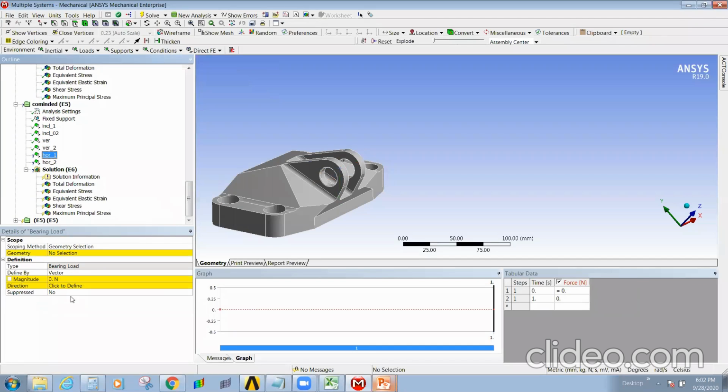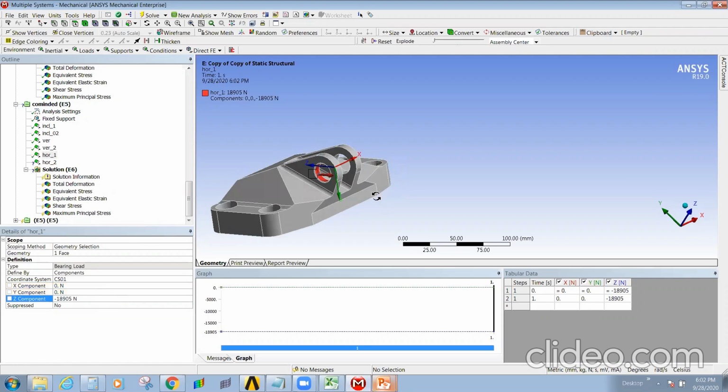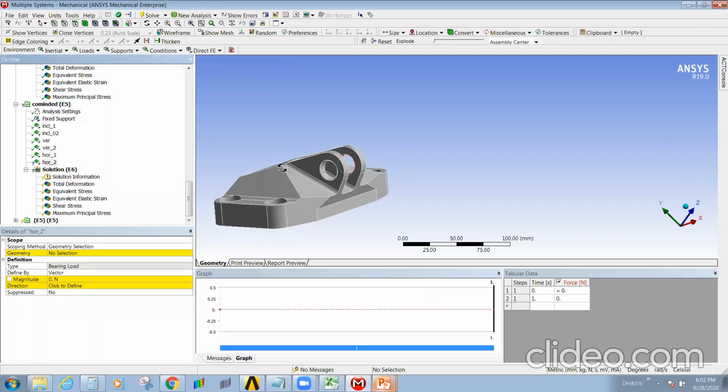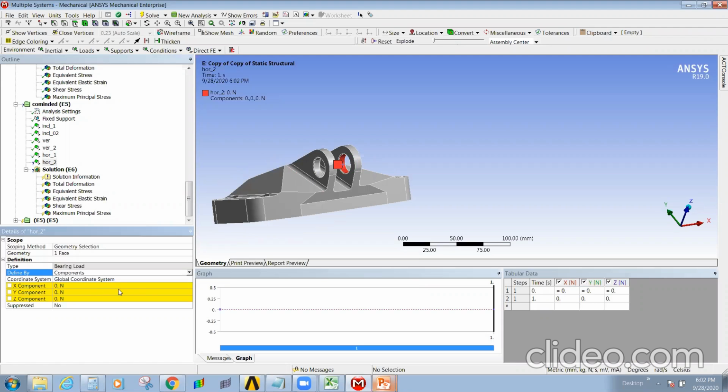So for horizontal, select the first lug, change vector to component from global to CS01, and apply the load to the Z component, so that your horizontal is applied correctly. Similarly for the other lug, apply, change the vector to component and global coordinate system to CS01, and then apply the load.